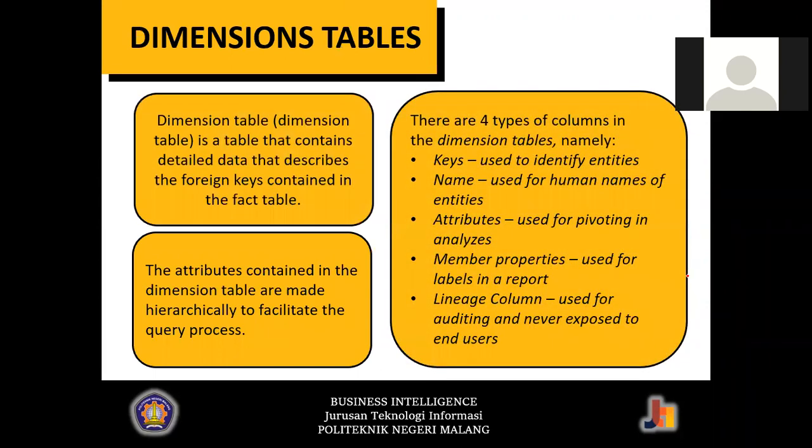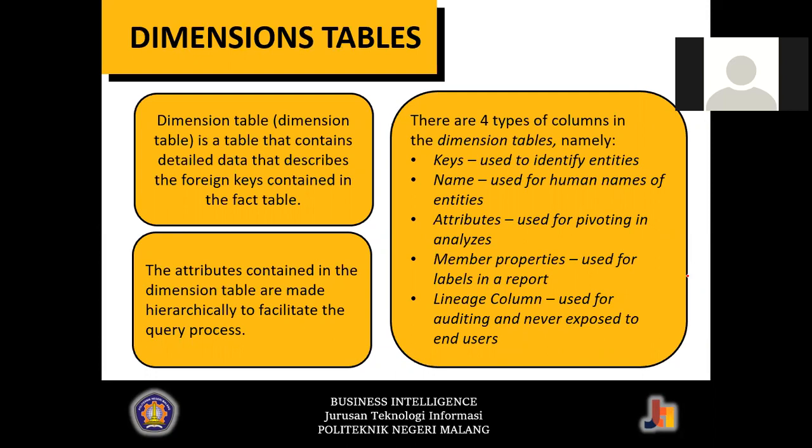And the second table is called the dimension table. The dimension table is a table that contains detailed data that describes the foreign key contained in the fact table. The attributes contained in the dimension table are made hierarchically to facilitate query access.